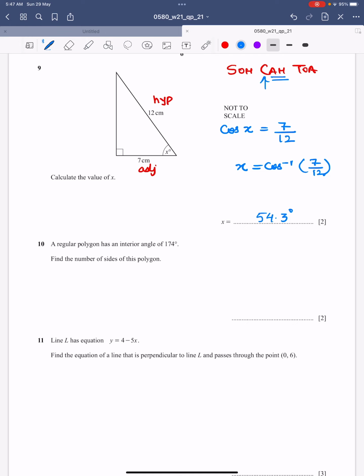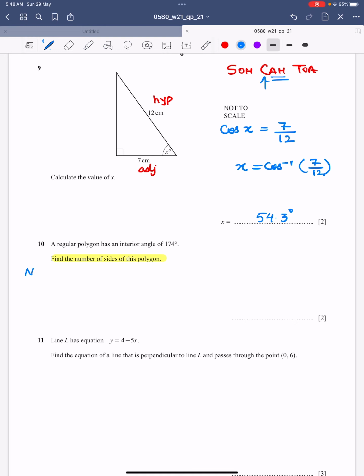A regular polygon has an interior angle of 174 degrees. Find the number of sides of this polygon. So first of all, when we are asked the number of sides, we should immediately think of the formula for number of sides.